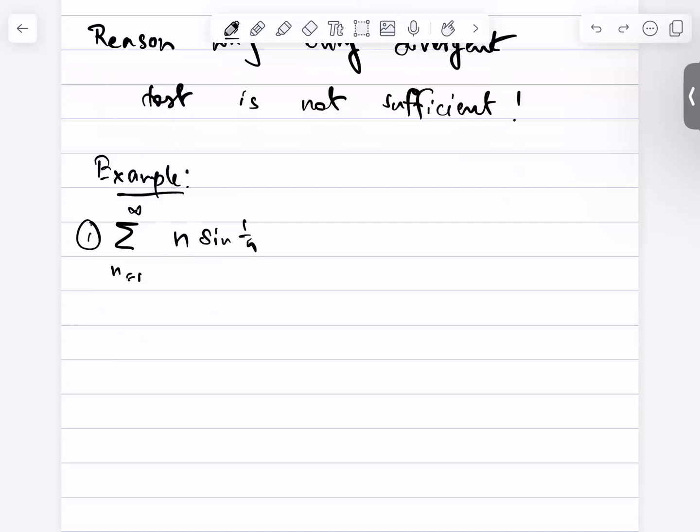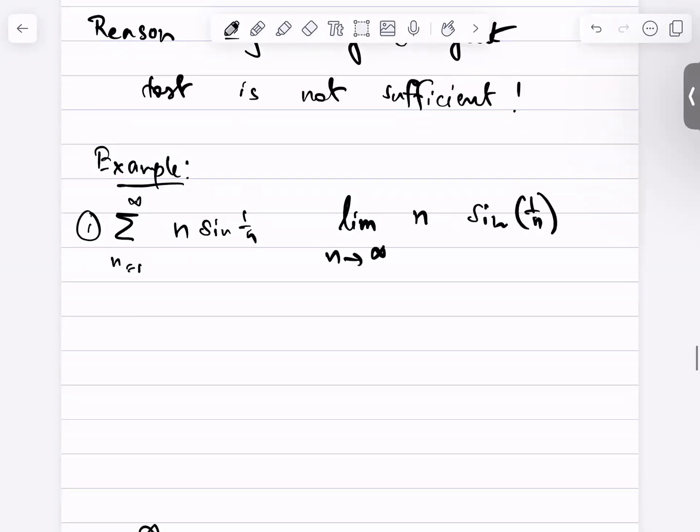examples. If you have this series n sine 1 over n, then if I try to use the divergence test, I'll first look at the terms. Whenever you have a series, the first thing is to check whether the terms of the series are going to 0 or not. In this case, the terms are n sine 1 over n.